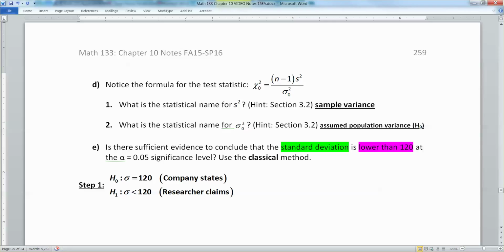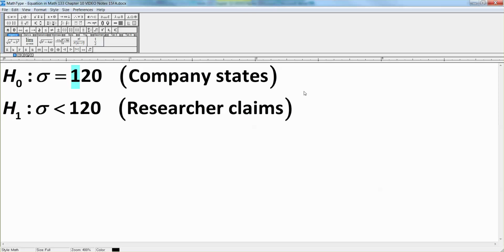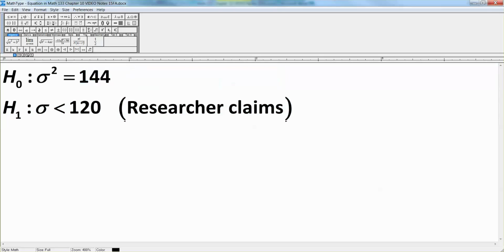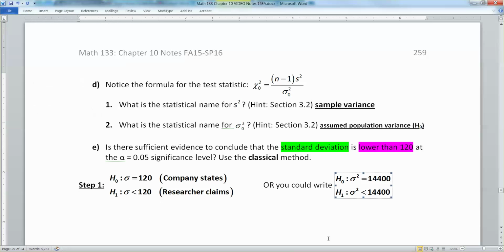Now, just a little quick note, you could write these with the variance. It wouldn't actually change the problem at all. All that would happen is you would write 120 squared, which turns out to be 14,400.